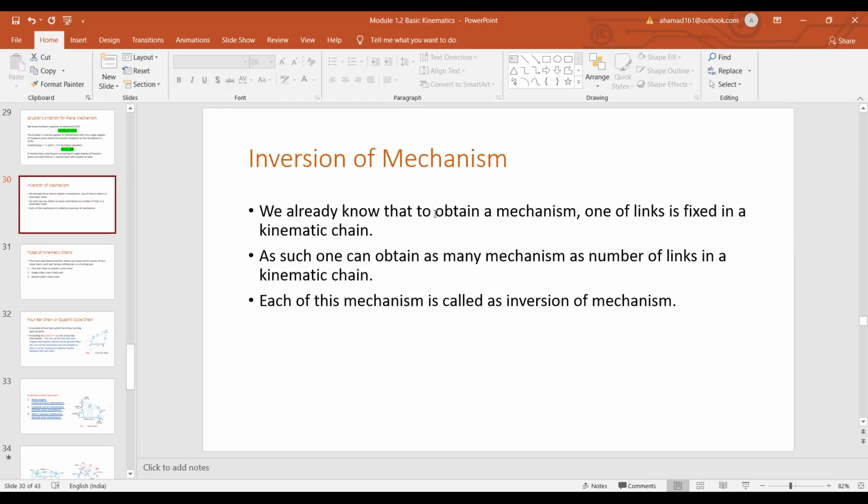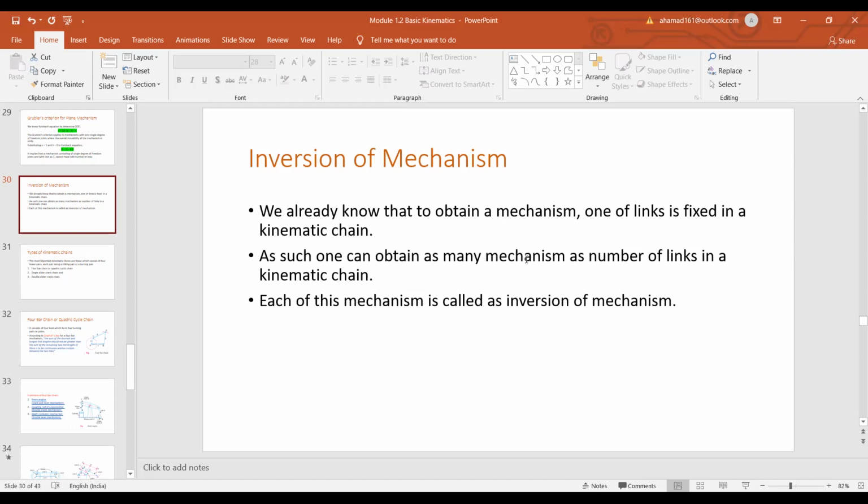As you know, you can obtain a mechanism by fixing any one link. You fix any one link, you will get one mechanism. So in this way, by fixing different links at different times, we can get as many mechanisms as the number of links in the kinematic chain.